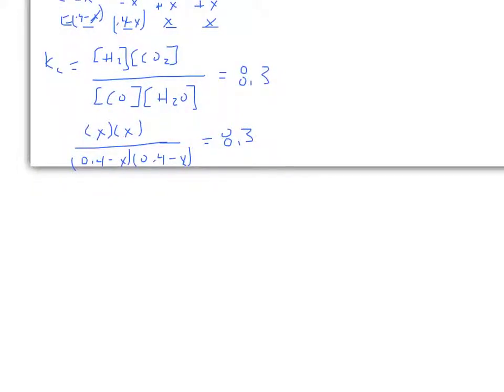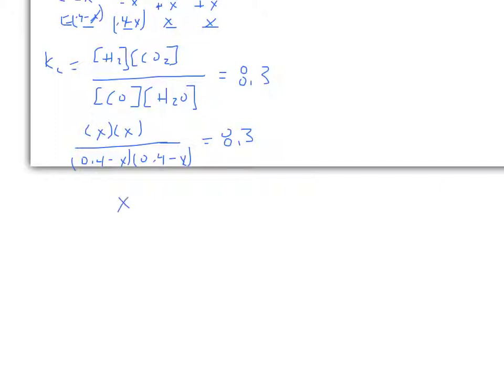Looking at this question, I could expand out my brackets in my denominator using distributive law, and then I would get an x squared and x and a number value, and I could solve it using quadratic formula. But one trick that you can use is look for perfect squares.